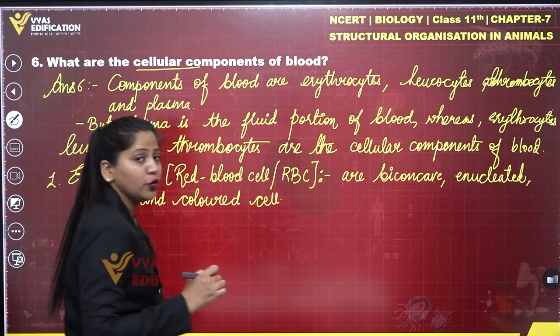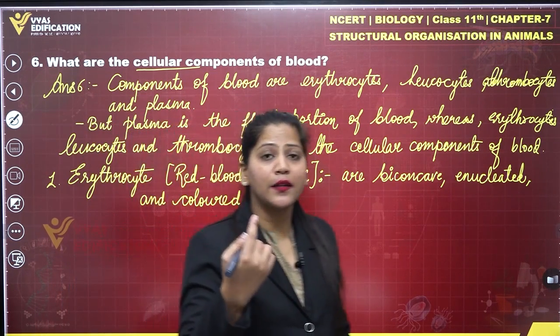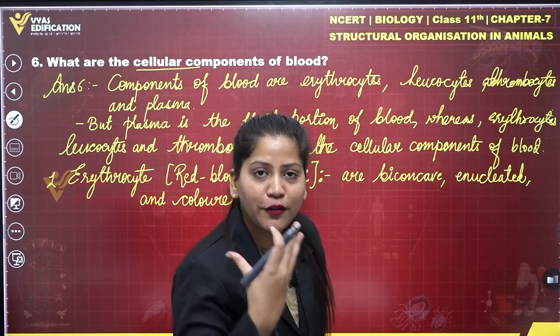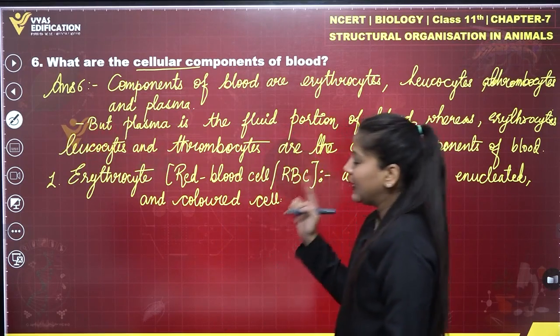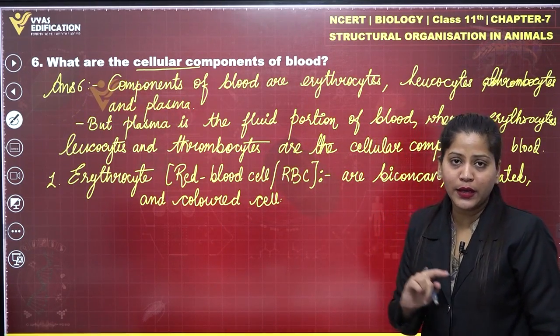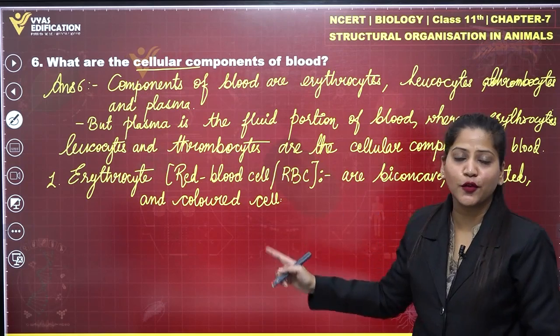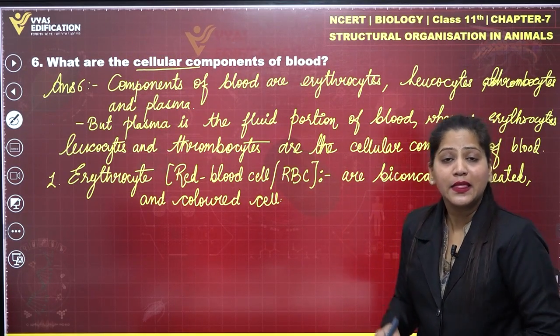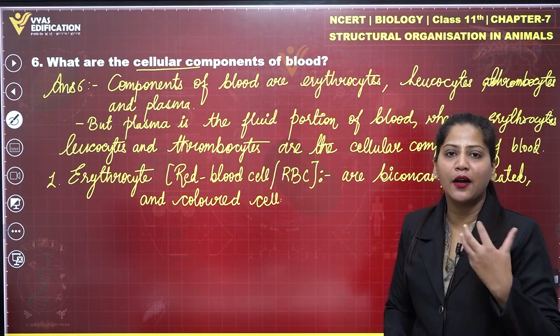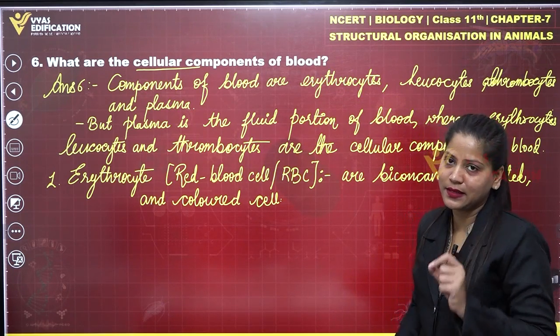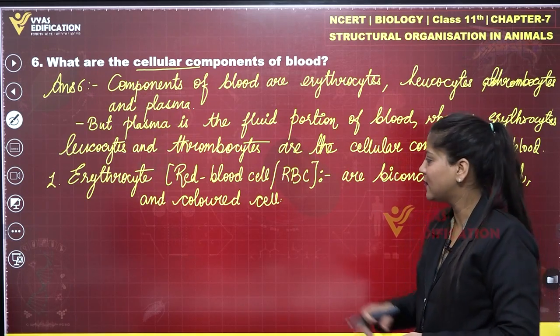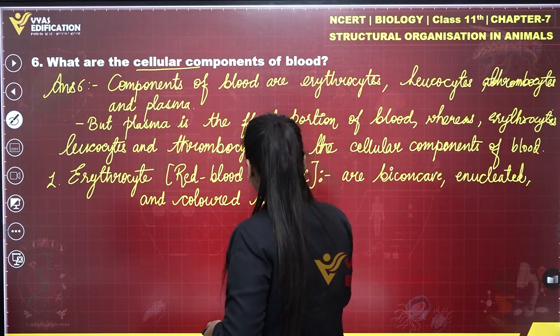Why are they colored? Because of the presence of hemoglobin pigment in them, they are colored cells, right? Mammalian erythrocytes are enucleated and there is the presence of hemoglobin pigment in them. These cells are red colored because of the hemoglobin pigment in them. The shape of erythrocyte is biconcave, as we have already discussed.